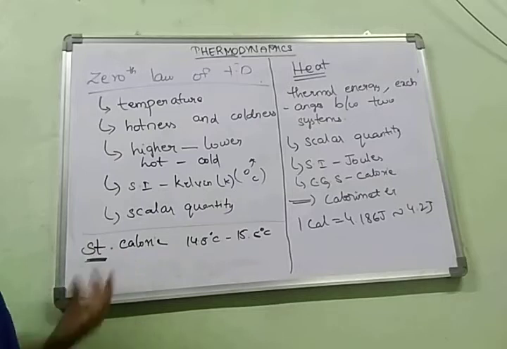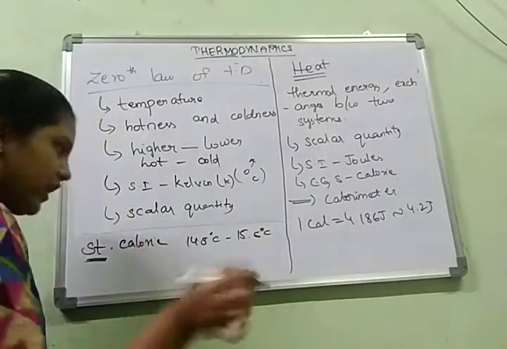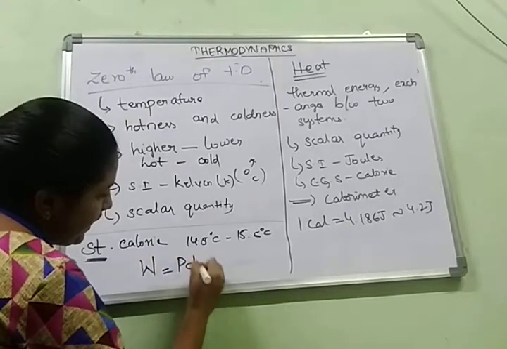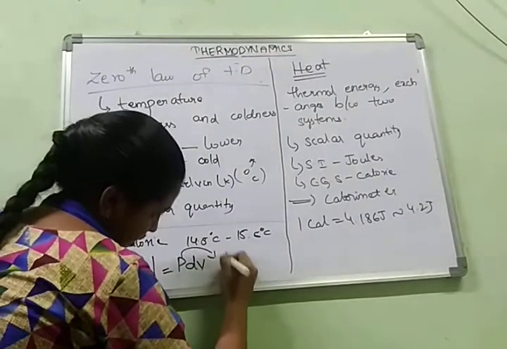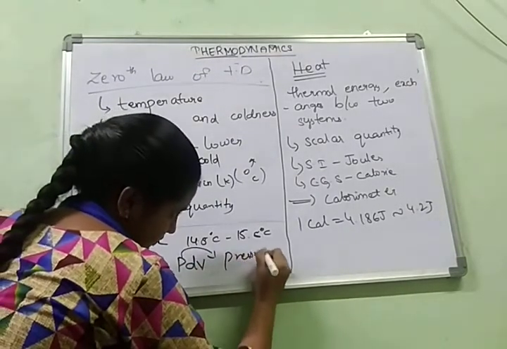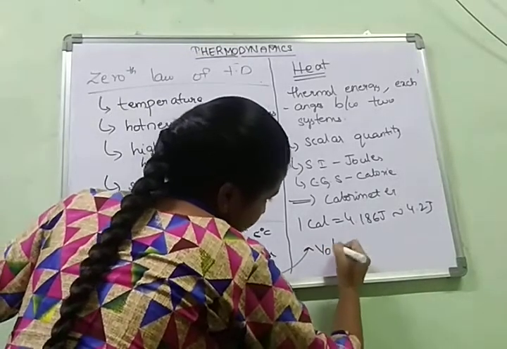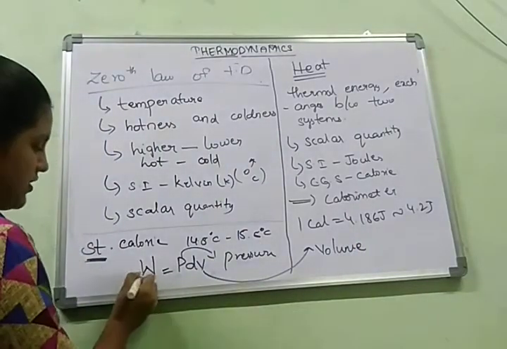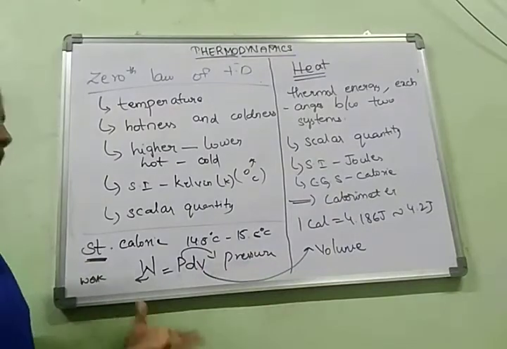And one formula to find external work done: the work done will be PdV, where P is pressure, V is volume, and W is work done. Okay, till here understood, right?